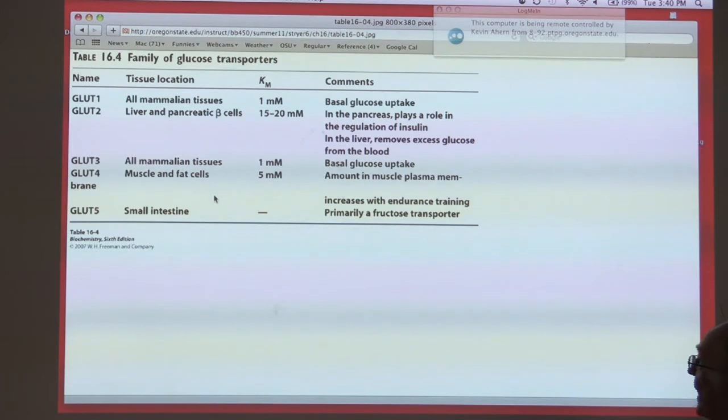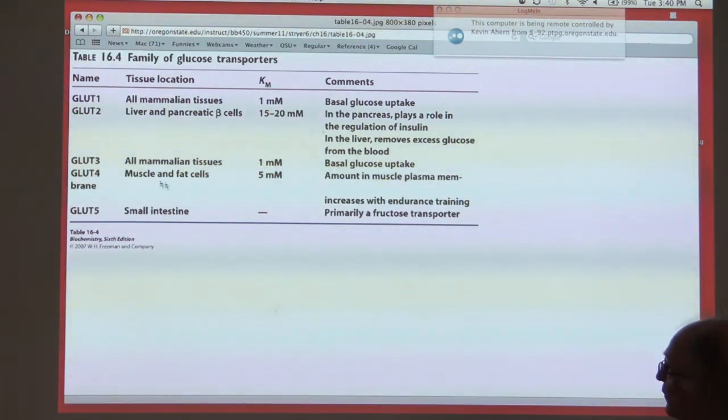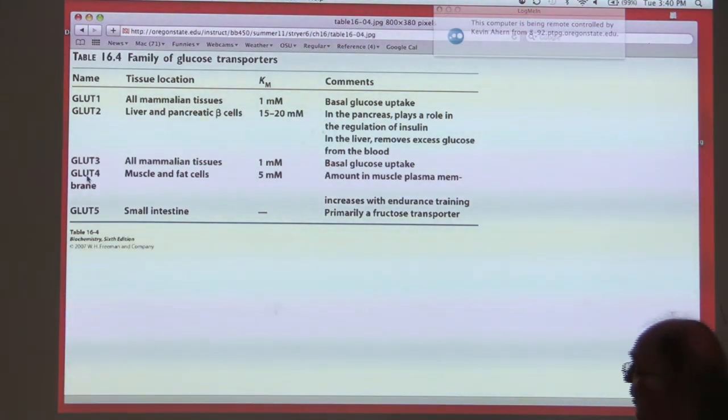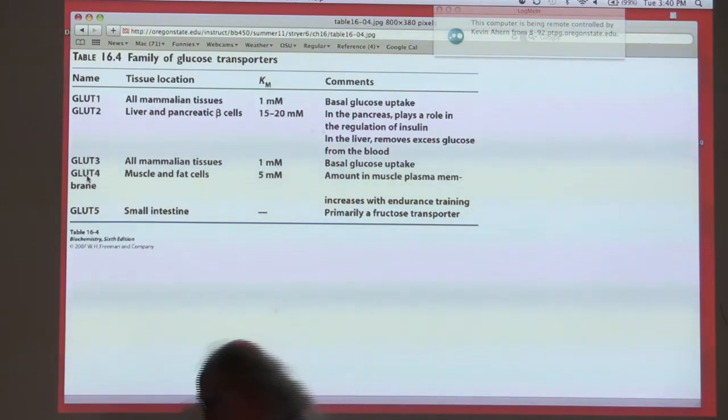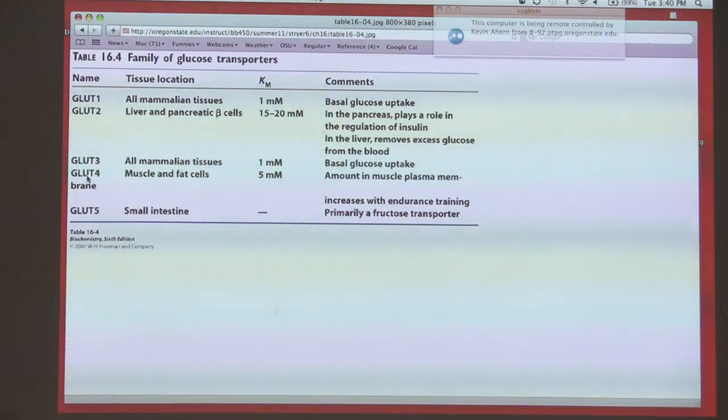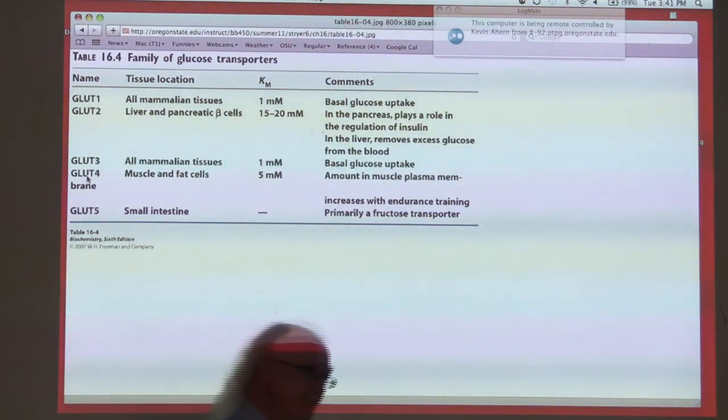The GLUT, in fact, that I was referring to earlier with insulin is called GLUT4. A glucose transporter is a protein that is found in the cell membrane that brings glucose into the cell. It's an important consideration. Very, very important because obviously cells have to get glucose inside of them when they need energy.